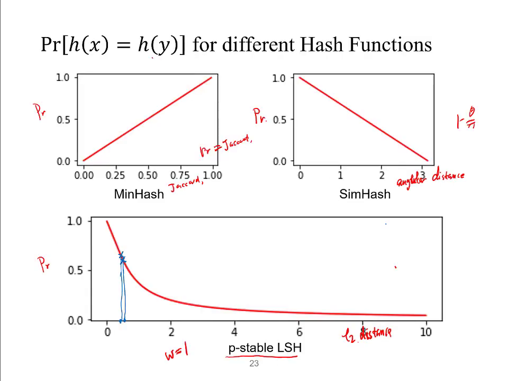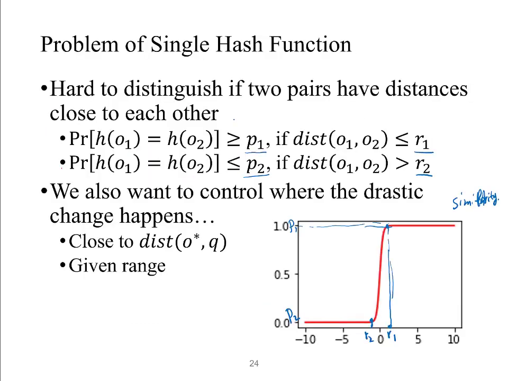But let's look at, for example, the Jaccard, which is also a similarity. If we have R1 and R2, and P1 and P2 here, then you can see the difference. So that's what we want to do. Even if two pairs have distances close to each other, we still want to distinguish them.